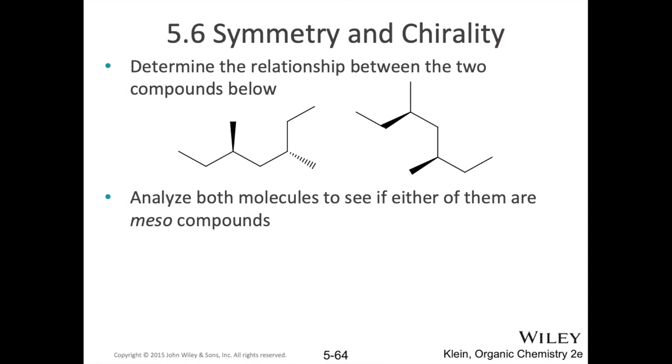That being said, just like with constitutional isomers, where the foolproof way is to try to name your two molecules, and if they have the same name, they're identical, in the same way here, if we can look at our chiral centers and designate them as R or S, and then compare the R and S designations of the chiral centers in our other molecule, that might also be a foolproof way to determine whether or not they are diastereomers or enantiomers or what.